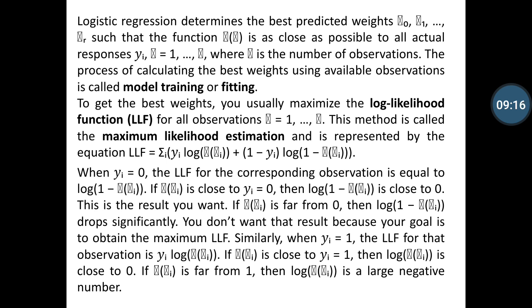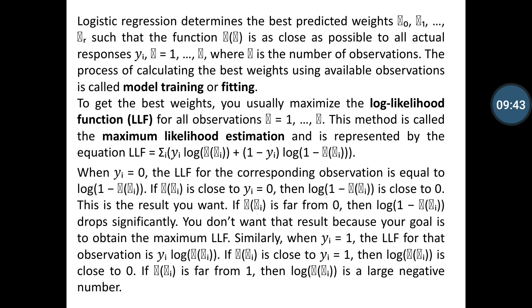This method is called maximum likelihood estimation and is represented by the equation LLF is equal to sigma i, then define the y variable, then define the sigmoid indicators, y_i log(p(x_i)) plus (1 minus y_i) log(1 minus p(x_i)), then bracket close.